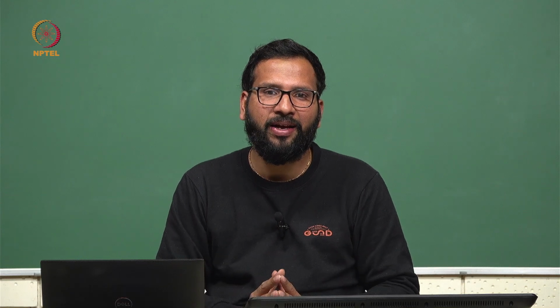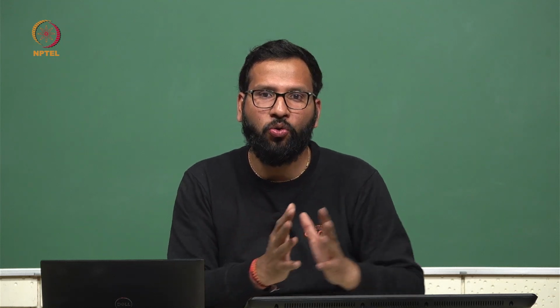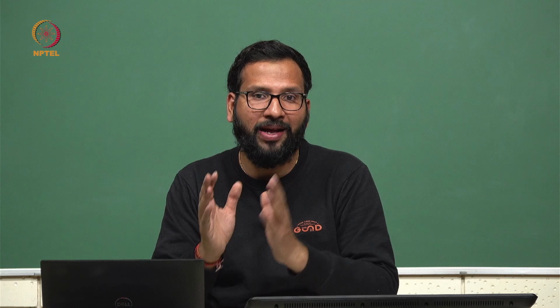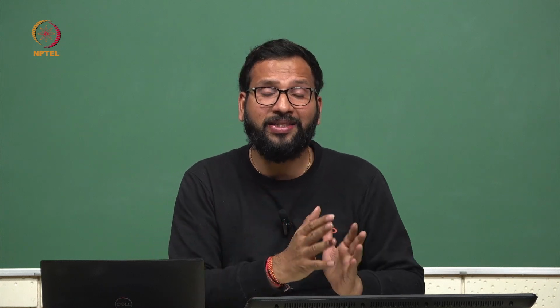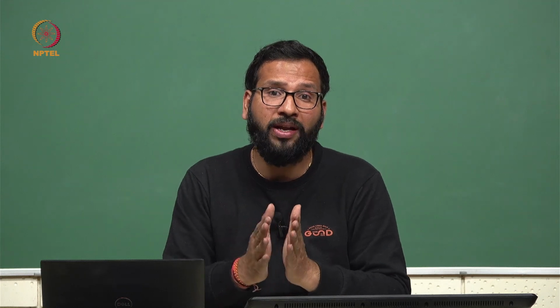Okay. Let us now discuss a scenario where we want to divide these 4 words into 2 parts. The first part is the words which have a length of 5 letters, and another set of words which have more than 5 letters. Okay, so how will we do that?